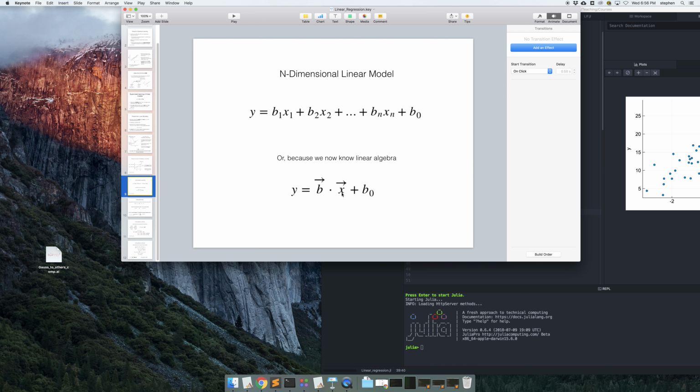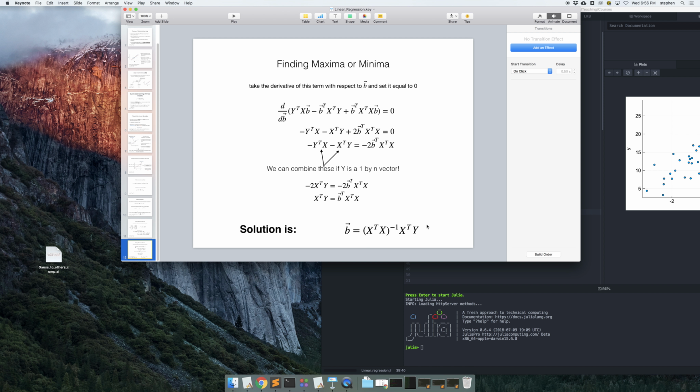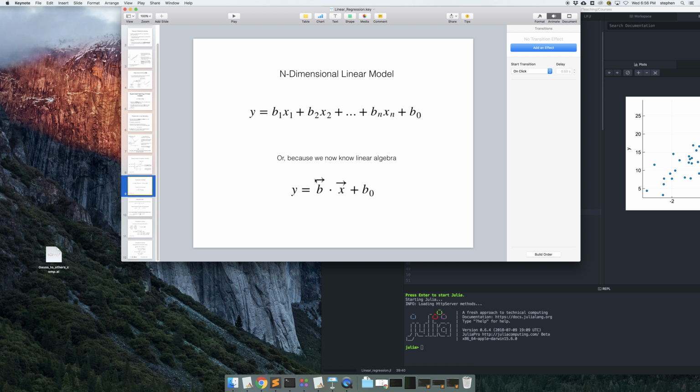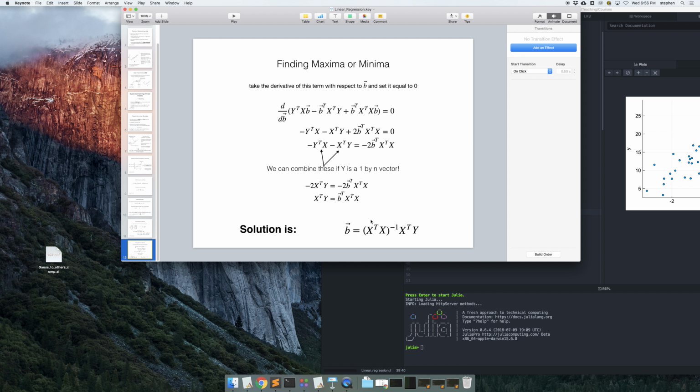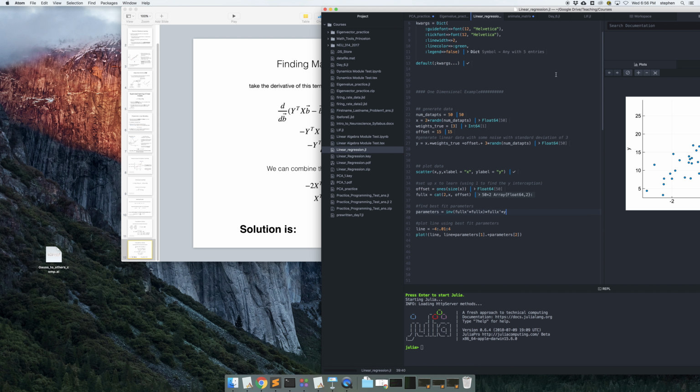That way, when I take the dot product of that with b, I can actually write y equals just b dot x. So that's going to be my x matrix, the data points and then ones, and when I learn the parameters, I'm going to be learning the b1 and the b0 all in one framework. I hope that is clear. Yeah, so that's what I've done. I've added those ones to the x.